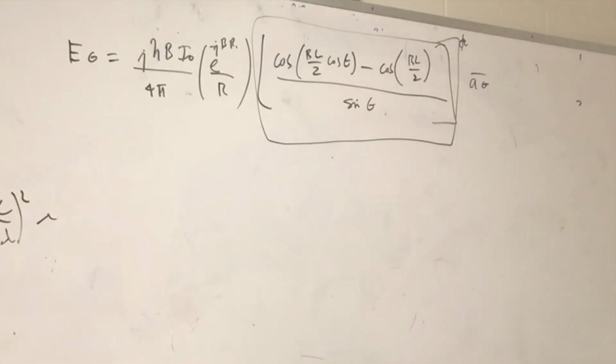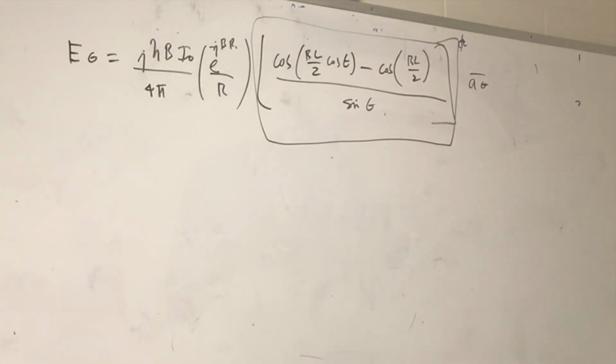Now, the way you get the normalized power pattern, you're going to have to bear with me on this one. If you think about a short dipole, the way we got the normalized power pattern, we took a look at its variation with angle. It was a sine squared, right? Sine squared has a peak value of 1, right?